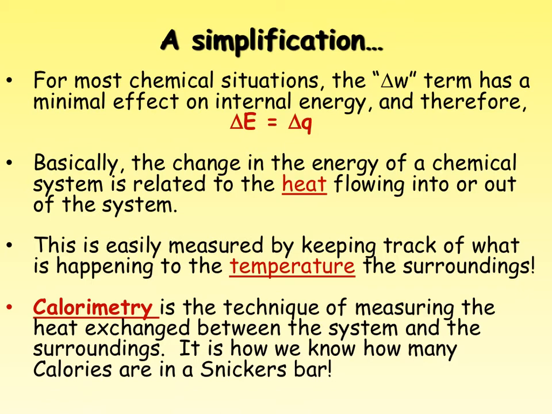And calorimetry is the technique, the scientific method used for measuring heat exchange between system and surroundings to determine what the change in heat is, and therefore what the change in energy is for whatever it is we're measuring. Okay? Calorimetry is used by food companies to determine how many big C calories are in everything that we eat. Okay?